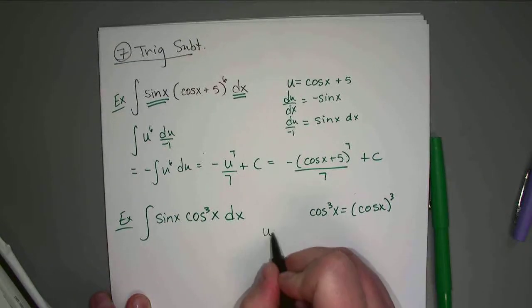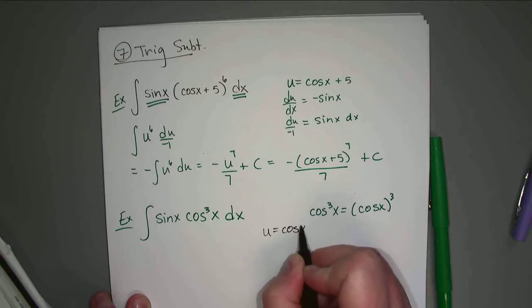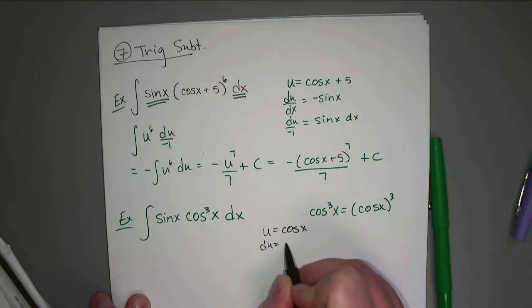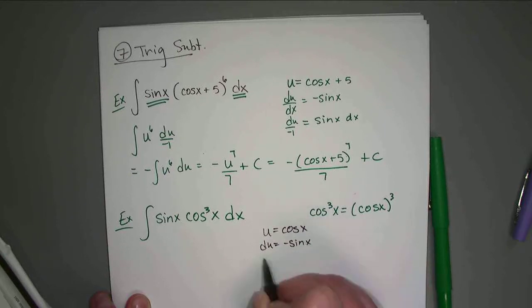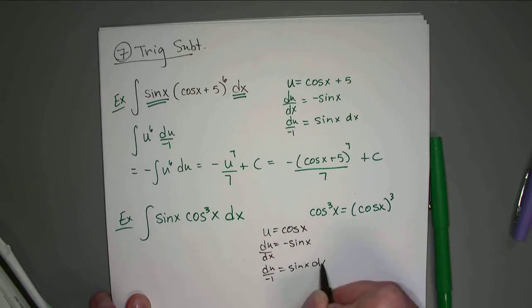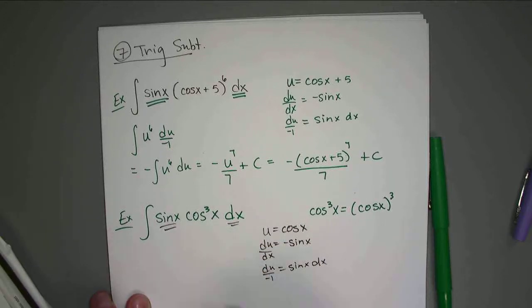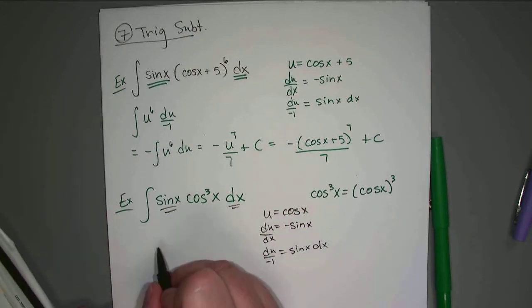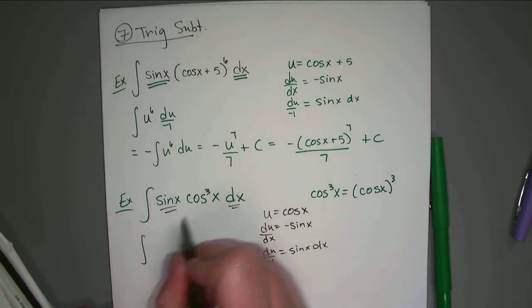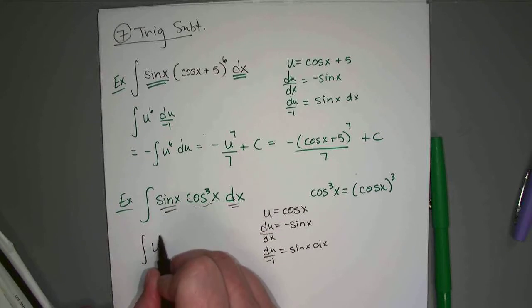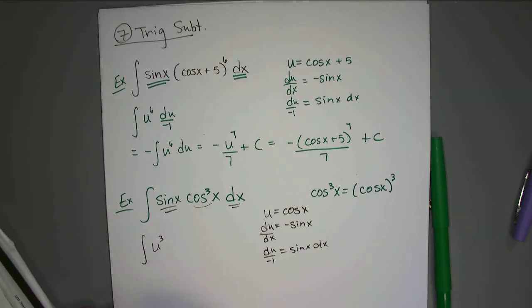So we're going to call u the cos. The derivative of cos is minus sine. And that's what we have, the sine x and the dx. So if we plug that in, do your u first, so this would be u cubed, because it was cos cubed.